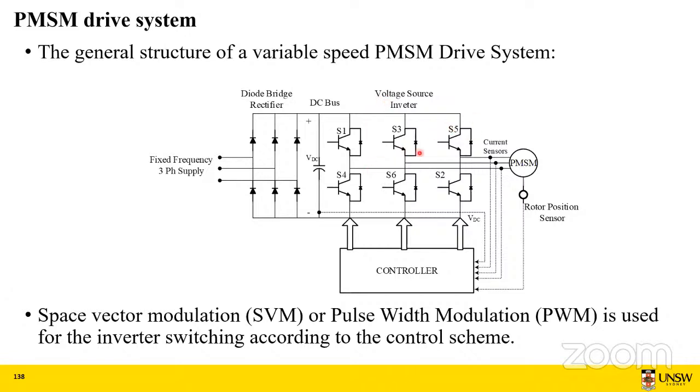Anyway, that's why we need the inverter, because, as we said when we discussed the synchronous machine, a synchronous machine cannot start by itself. It doesn't have self-starting capability like the induction machine.